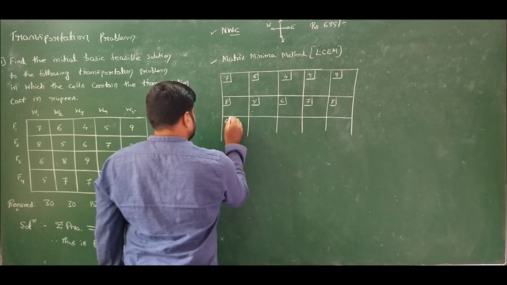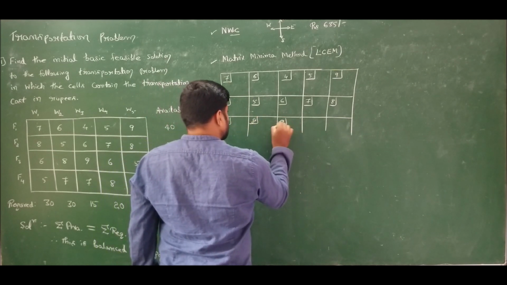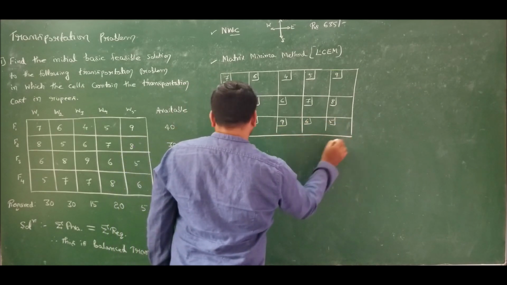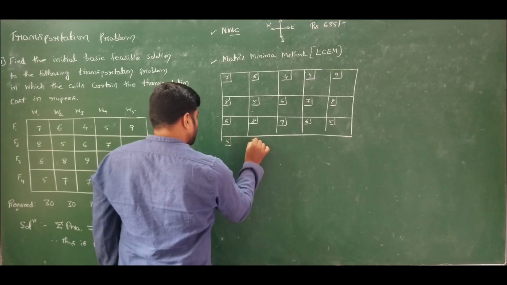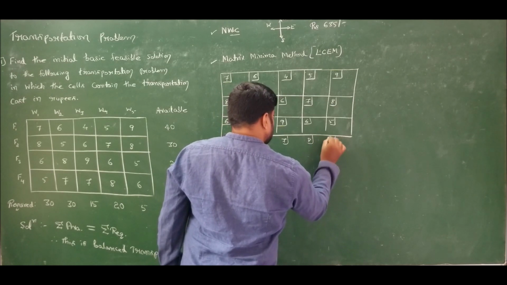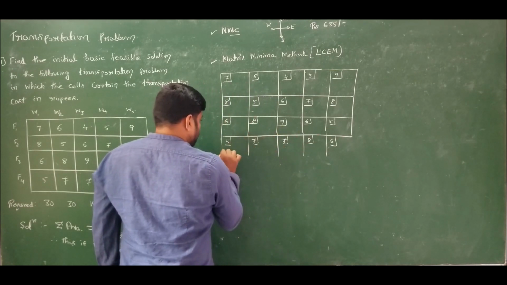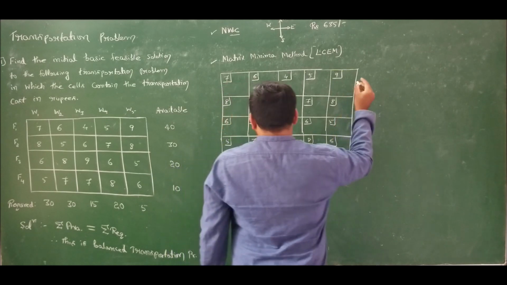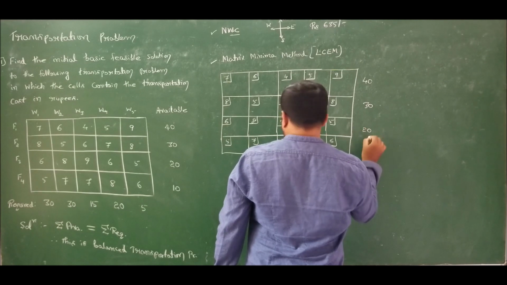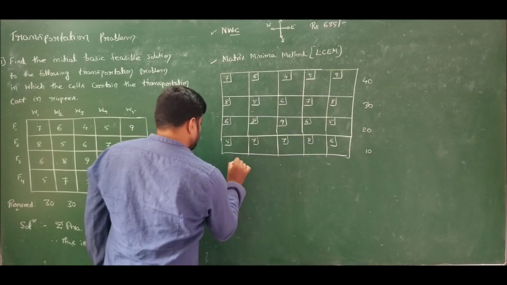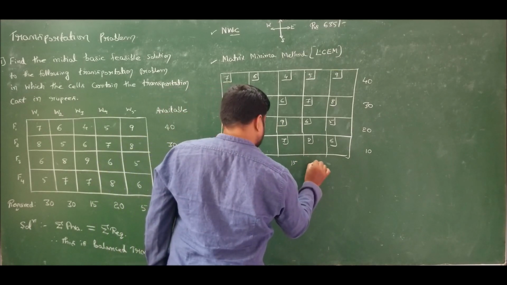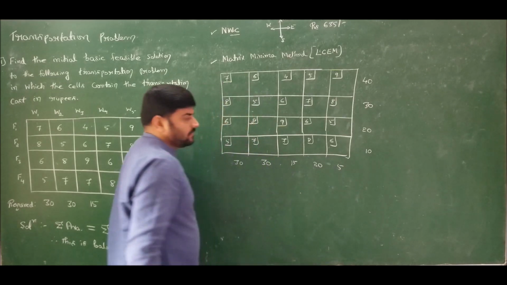Then we have 6, 8, 9, 6, 5. And finally we have 5, 7, 7, 8 and 6. Also note down the supply and demand: 40, 30, 20, 10. Here we have 30, 30, 15, 20 and 5.